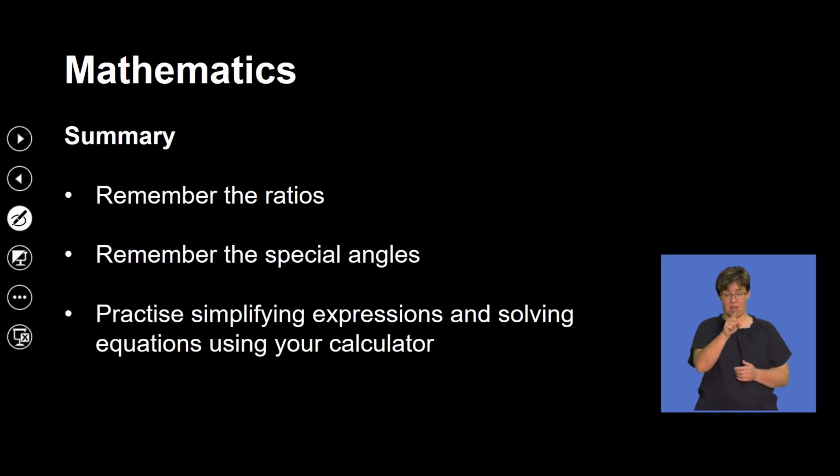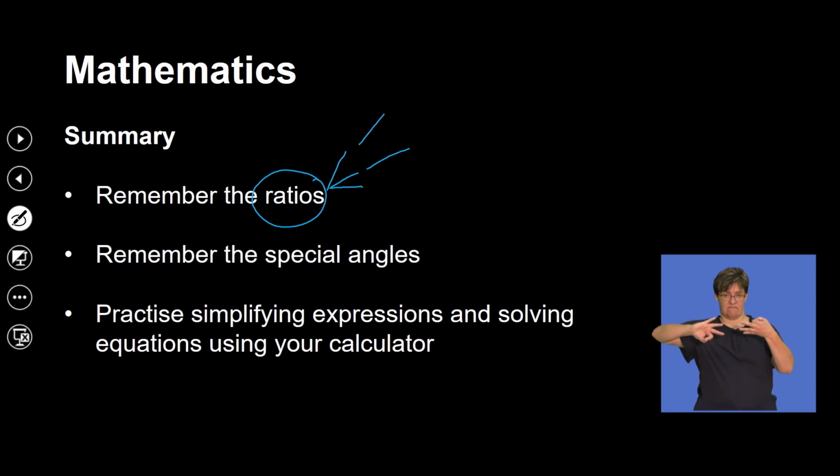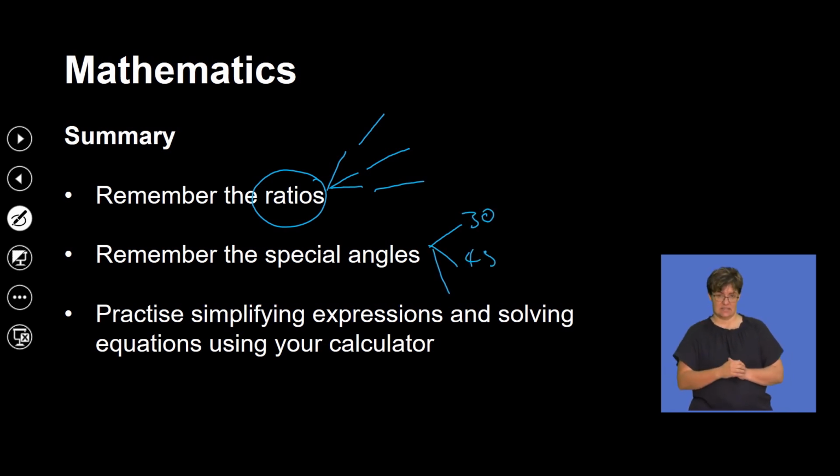Now, remember the ratios, that's our summary. The ratios, there are 3 of them, and all 3 of them have what you call the reciprocals that correspond with them. Remember our special angles, there are also 3 of them, that's our 30, 45, and 60 degrees.